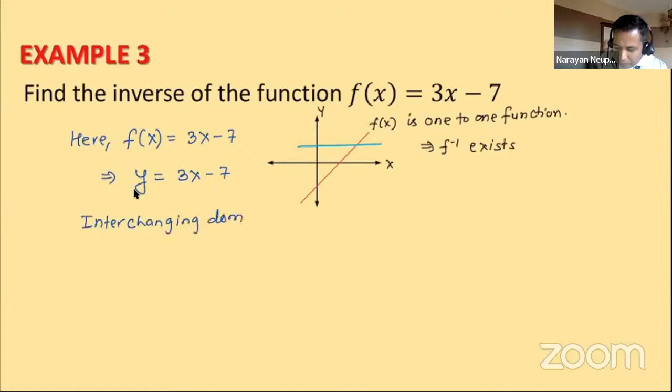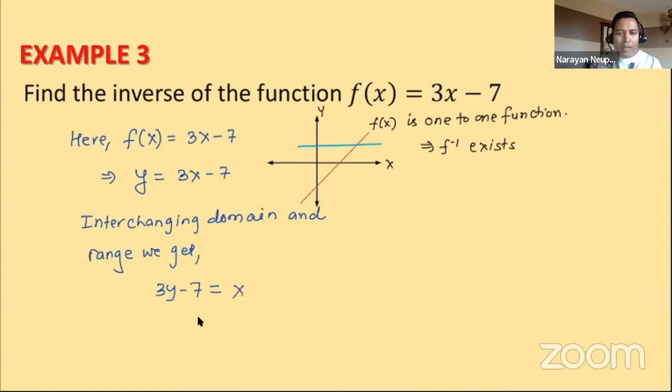Interchanging domain and range, what we get is 3y minus 7, which will be equal to x, where earlier we had equal to y. As you mentioned in the chat, we did that. Now tell me what we do next in order to find the inverse.